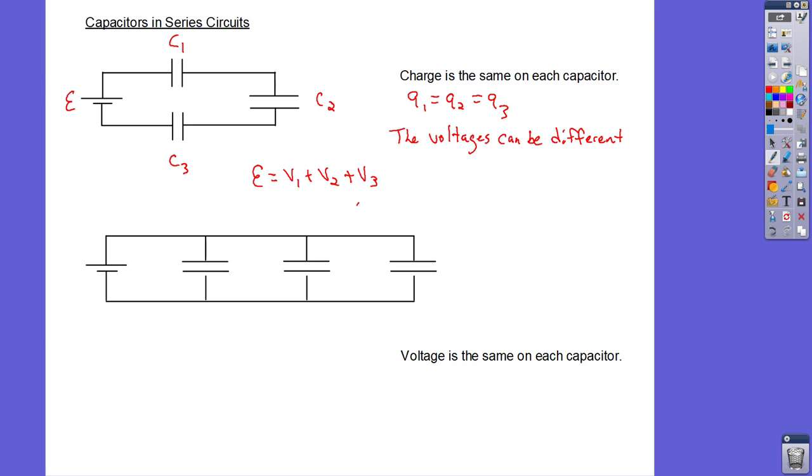Okay. Now for parallel circuits, sorry, I forgot to put the label there. Then what we know is that the voltage is the same on each capacitor. So we can call this C1, C2, and C3. So we know that V1 has to equal V2, which has to equal V3. And if it's been charging for a long time, then that would be equal to the EMF of the battery.